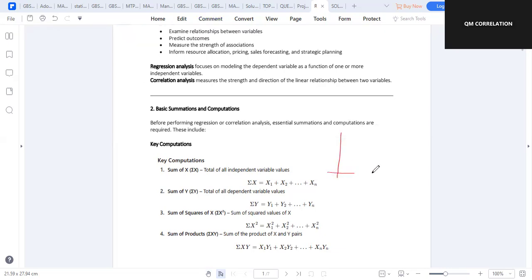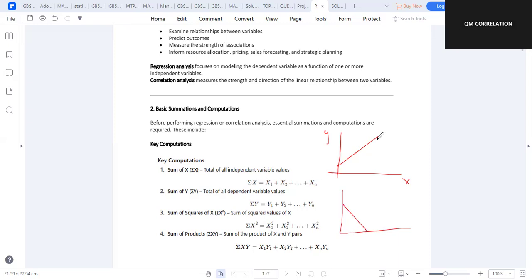Y is always on this axis, X is always on this axis. We have positive relationships that are upsloping, and negative relationships that are downsloping. The direction is measured by R, the correlation coefficient.